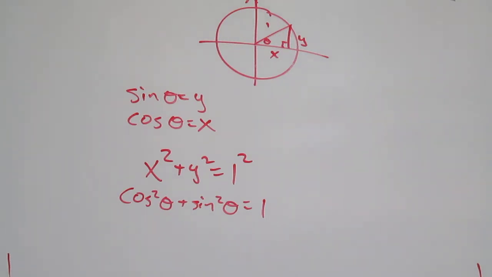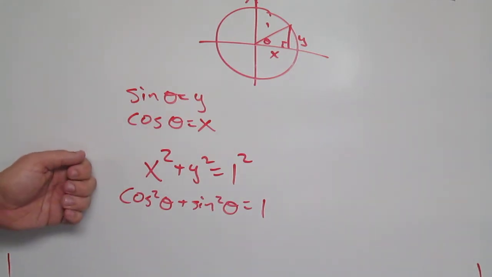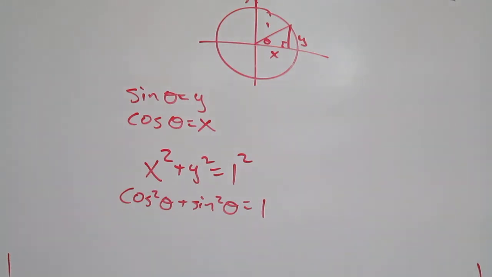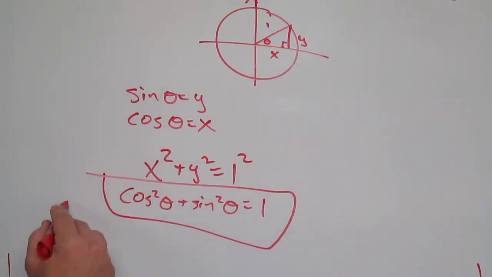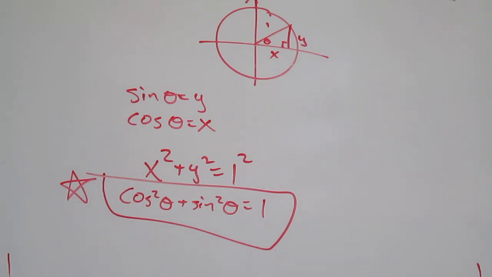That's always going to be true, whether I'm in a unit circle and I have a triangle there, or anytime, as long as I have one angle that I'm taking sine squared of and cosine squared, it will always equal 1. This is huge. This is one of the single biggest things that when you go into calculus, you will use often. So I just say know that one. Sine squared plus cosine squared, I know I wrote it in the other order, is equal to 1.